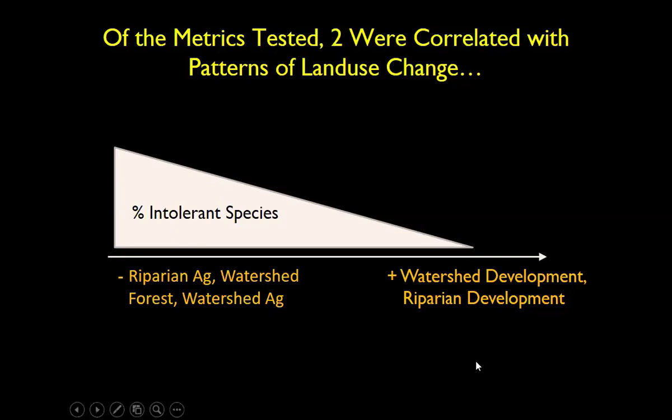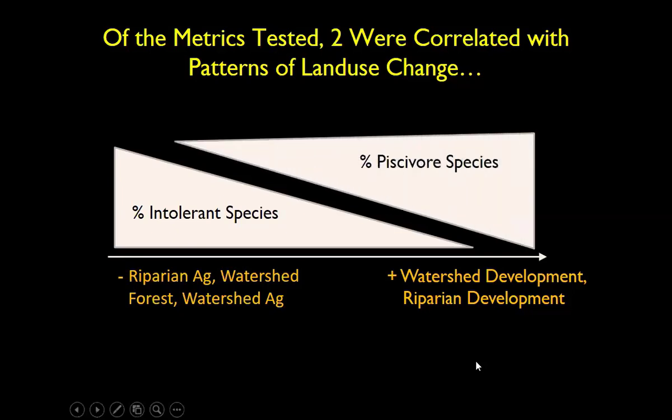So it looked like ag wasn't such a bad thing for the percent intolerant species, if they were actually increasing and these variables were correlated, which was sort of challenging. So it looks like they responded a little bit here. And then the other thing was that the percent of piscivore species actually increased with increasing development. So it was kind of puzzling, and we need to tease through these.